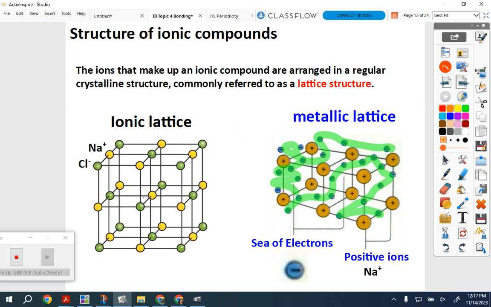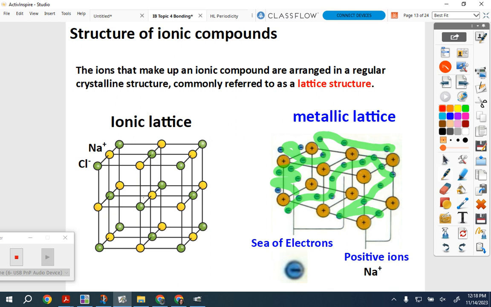Both types of solid structures have what's called a lattice structure. It's a crystal structure, a regular organization of the bits and pieces of it. In a metallic system, we've got positively charged ions arranging themselves into this lattice structure, with the electrons just swimming around between them.